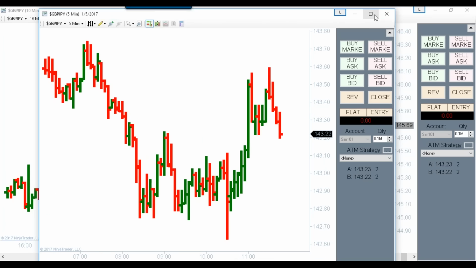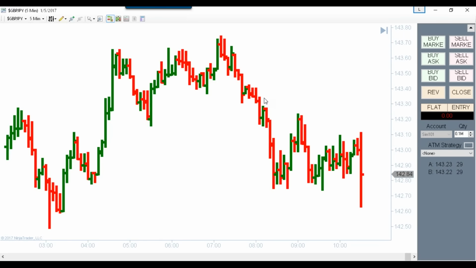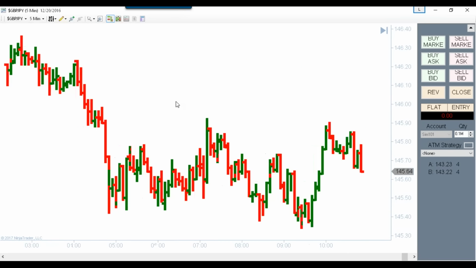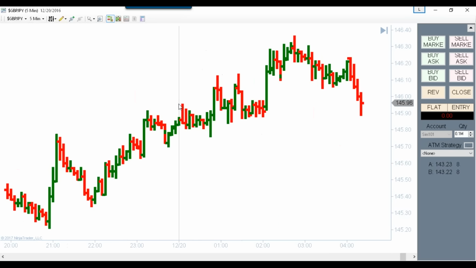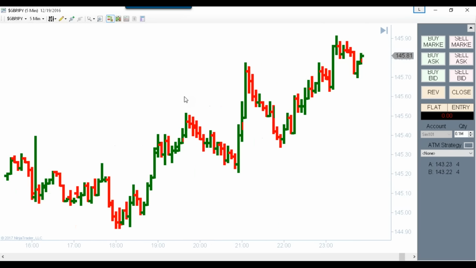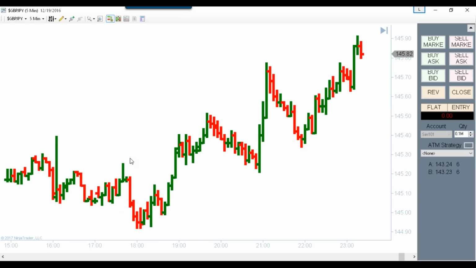On a 30-minute chart, I'm seeing that the market is trending up. But on my 5-minute chart, I've got a lot more bars that help me see, yes, overall the market's trending up, and the 30-minute confirms it's going up.